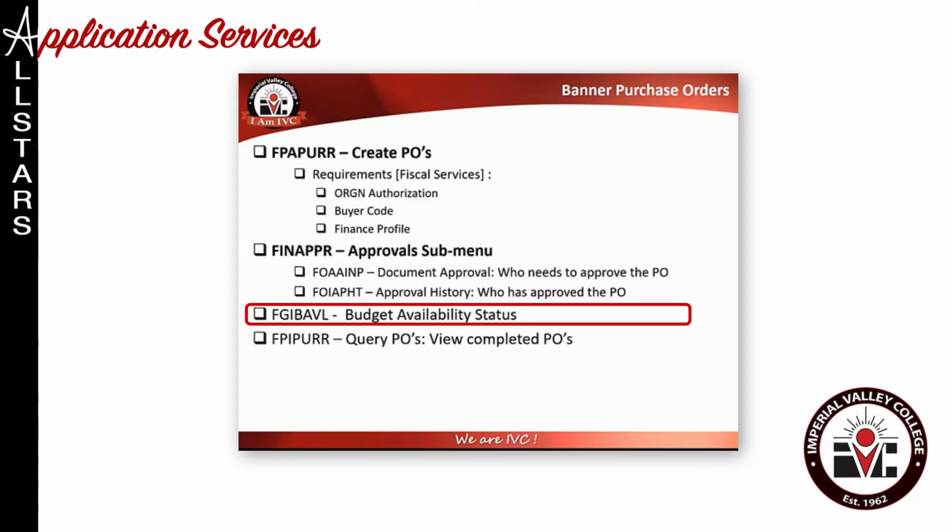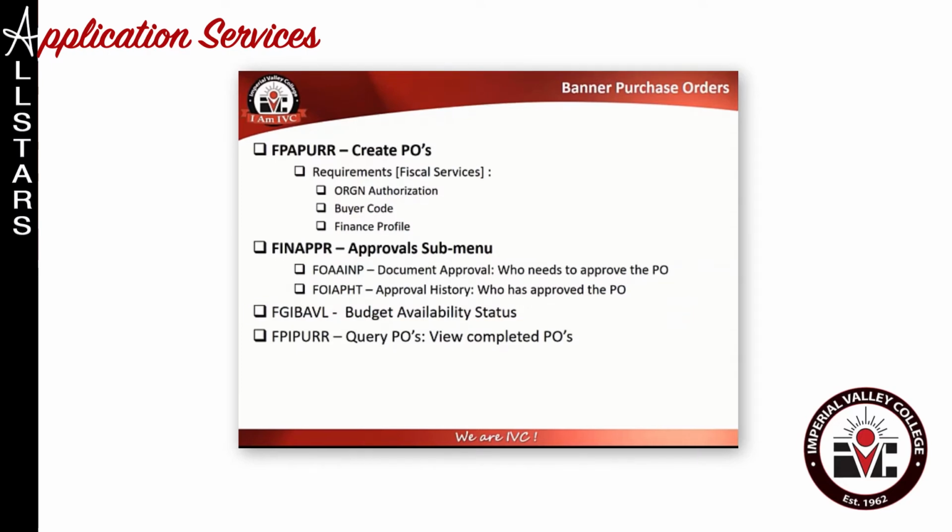For that, we will see the form called SGA bubble. There you can see the actual amount you have on hand and that you can use for the PO. Once you complete the PO, you won't be able to open it again, but you can query the PO.